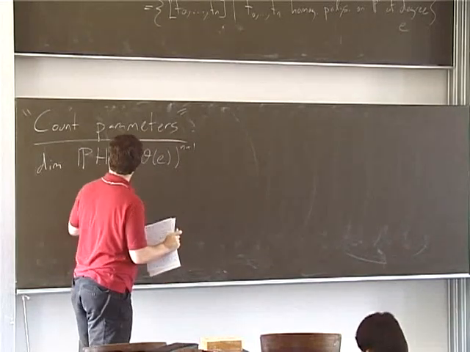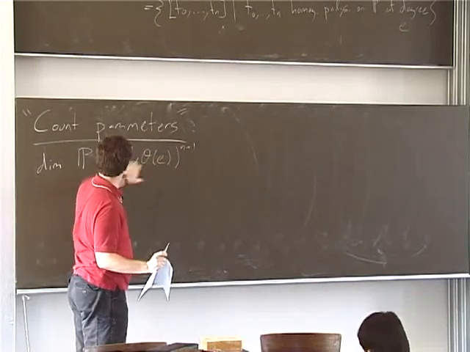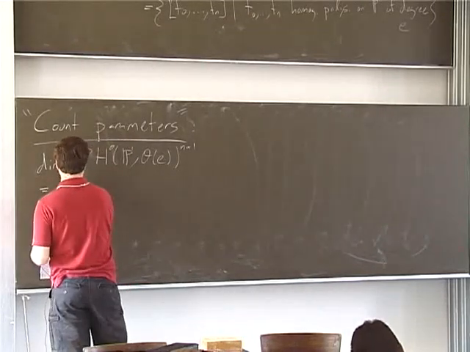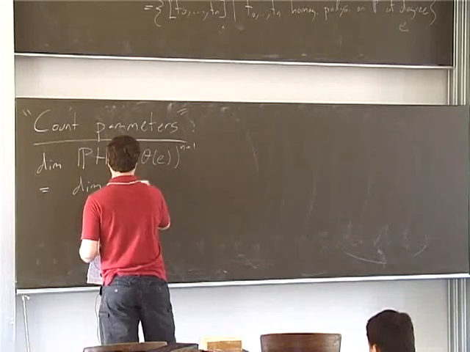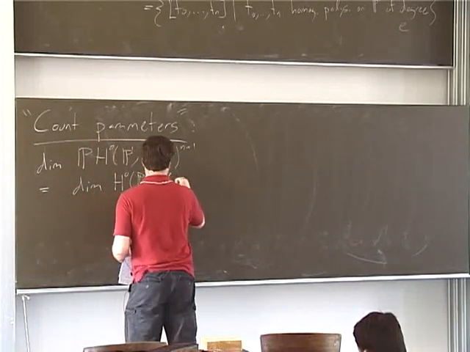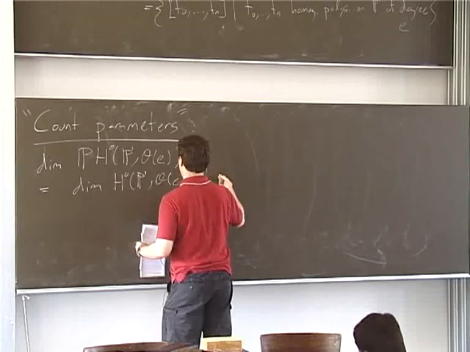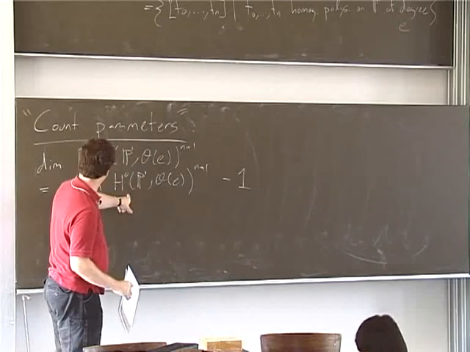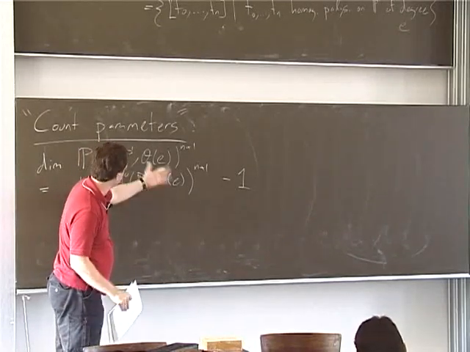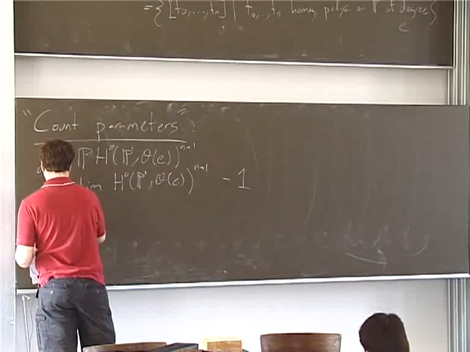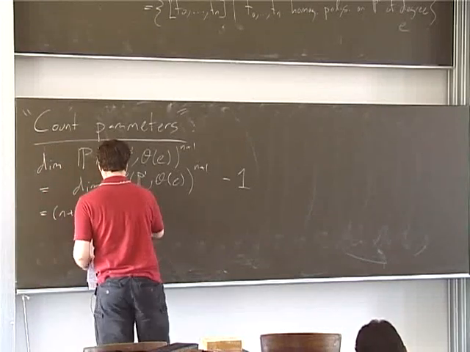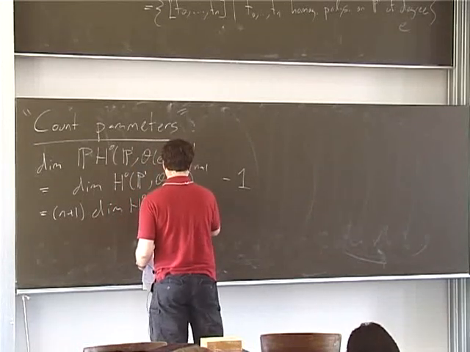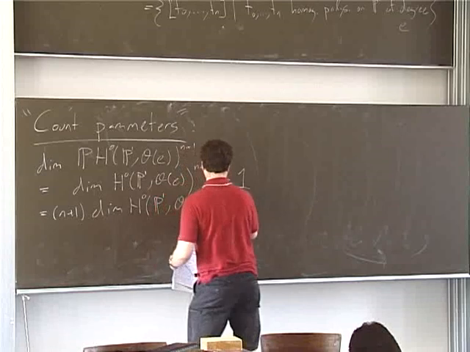Well, this is the projective space associated to this vector space. So the dimension of this projective space is 1 less than the dimension of this vector space. So it's just the dimension of this vector space minus 1. We're going to see in a second that all these constants will become irrelevant. But what is the dimension of this vector space? Well, it's n plus 1 times the dimension of degree e polynomials on P1.